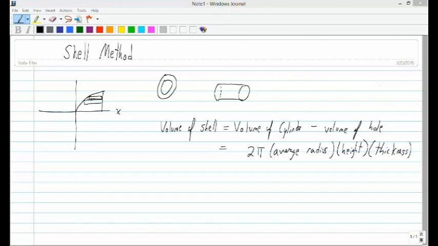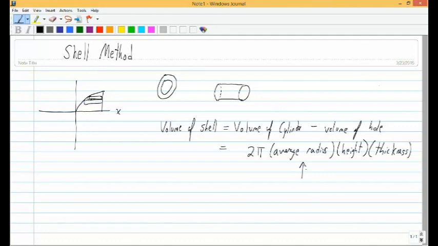And so the average radius, that's probably the part that students have the most problem understanding. A lot of times it's the easiest thing though to write down.